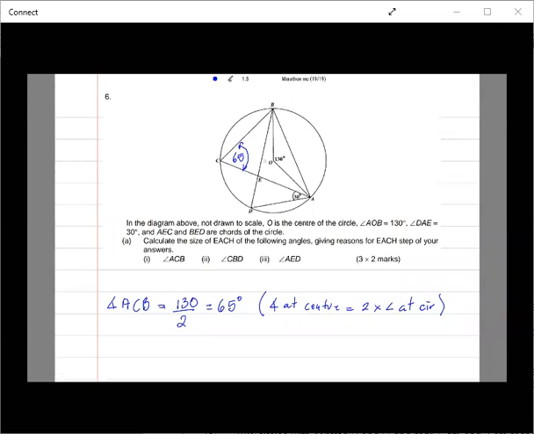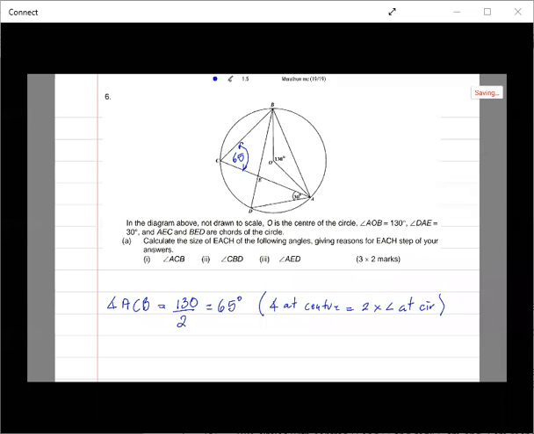The angle at the center is called angle at the center, and the one at the circumference is called angle at the circumference. The angle at the center is 2 times the angle at the circumference. So if the angle at the center is 130, the angle at the circumference, ACB, is 130 divided by 2, which is 65 degrees.